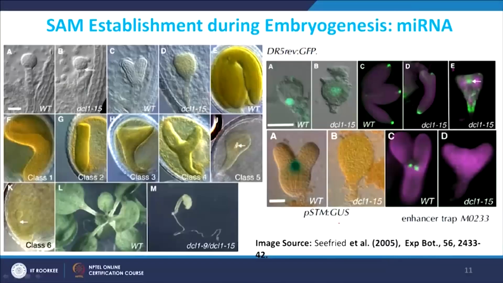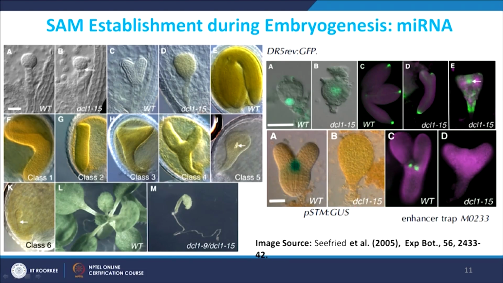So both processes have to function properly in order to have a proper balance. In this mutant background, neither proper auxin responses are being generated. Auxin response is very dislocalized, or it is not at the right place. This is a typical auxin response in the wild type, but in the DCL mutants it is a very diffused kind of response. It is not getting properly organized.